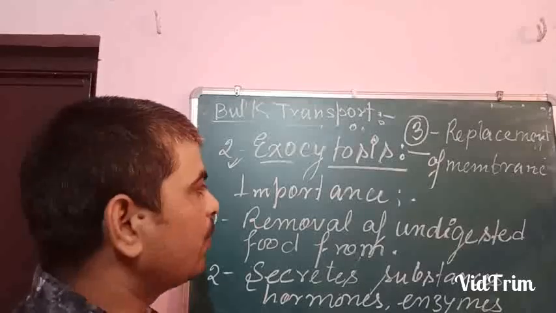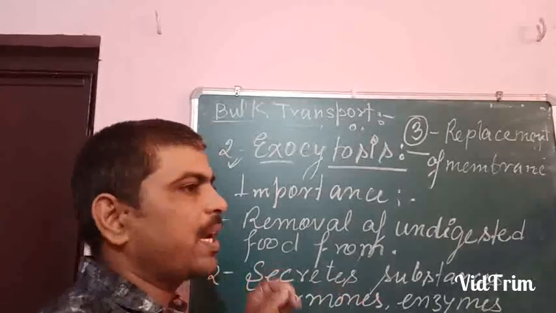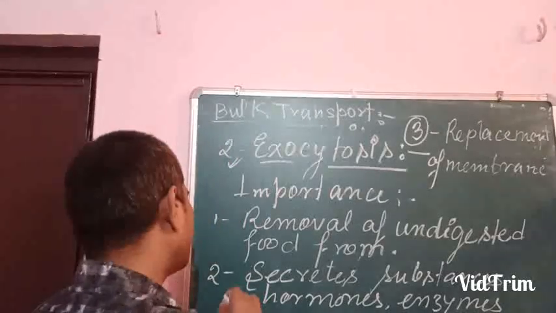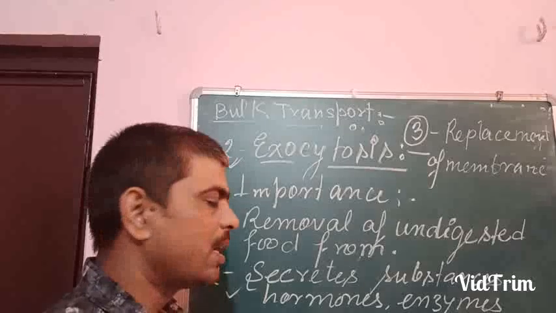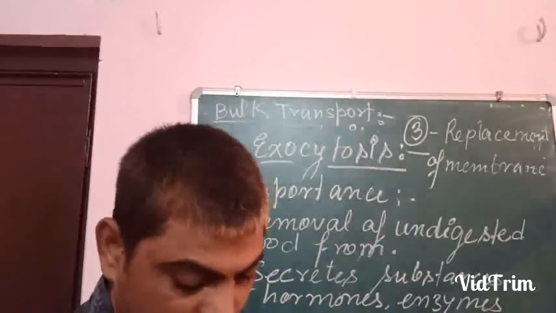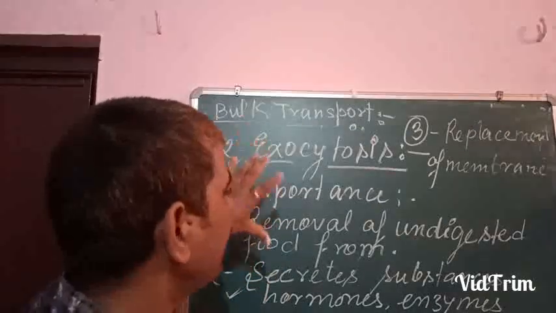In this way, the old plasma membrane gets a cover of new plasma membrane. Because of that fusion, some substances are also released. So this is exocytosis.